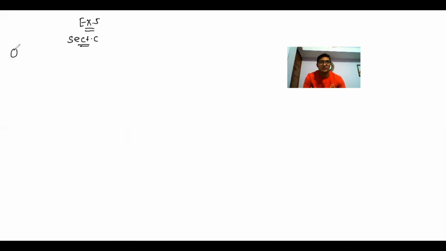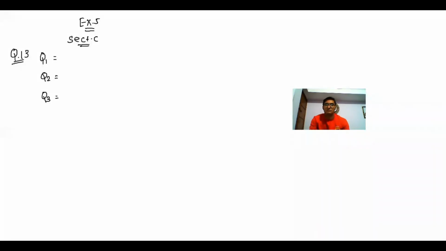where in question number 13, I am reading the question. The three quartiles, means Q1, Q2 and Q3: Q1 76, Q2 98, Q3 40.